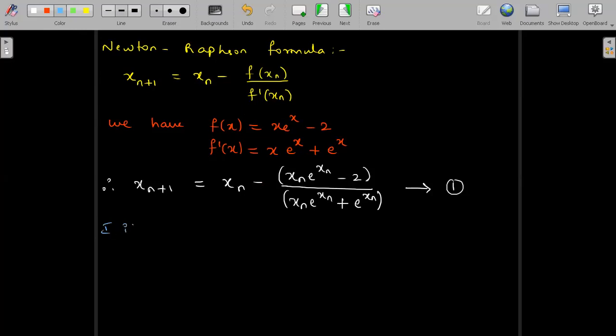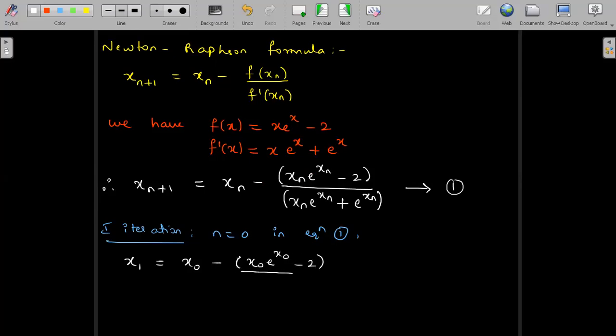So first iteration. The first iteration can be obtained by substituting n is equal to 0 in equation 1. We obtain x1 is equal to x naught minus x naught e power x naught minus 2 divided by x naught e power x naught plus e power x naught.